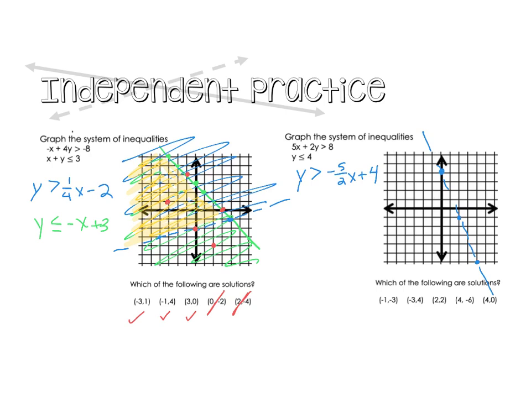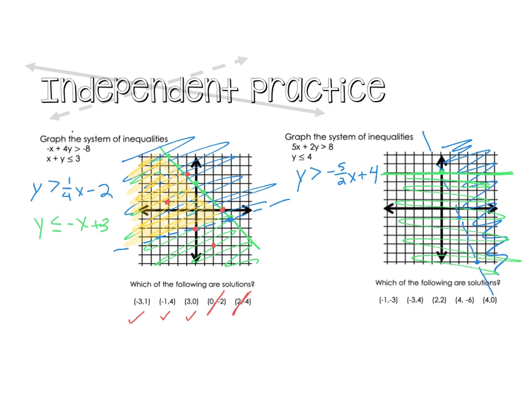And y is greater than, so I'm going to shade above it. And y is less than or equal to 4. I'm going to come over to 4 on the y-axis. That's going to be a solid line. And y is less than, so I'm going to shade below.